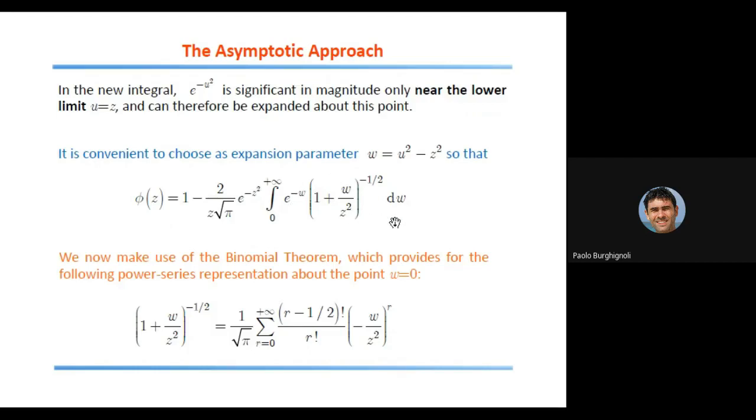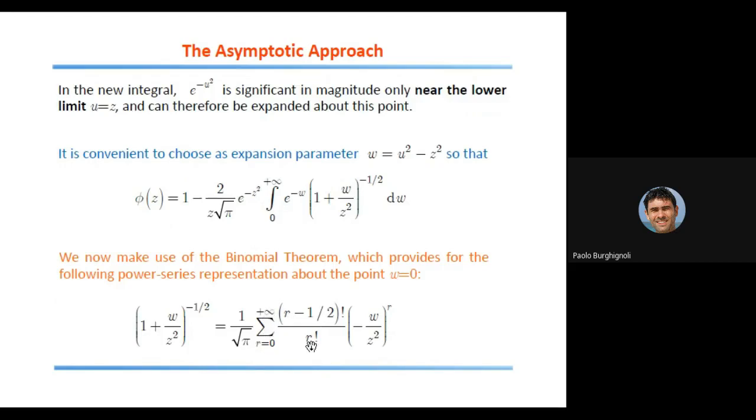What's the use now of having changed variable? Well, now we can make use of a series representation of this latter term, that is the so-called binomial theorem, which provides you a power series representation of the square root function. You can see here in particular, this is the development provided by the binomial theorem for this term, that is 1 plus w over z squared to minus 1/2 is equal to the power series here, in which you can see there is an index r, which goes from 0 to infinity.